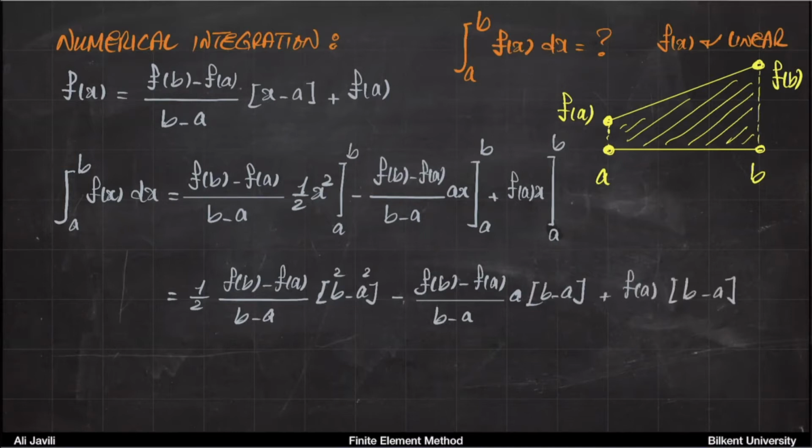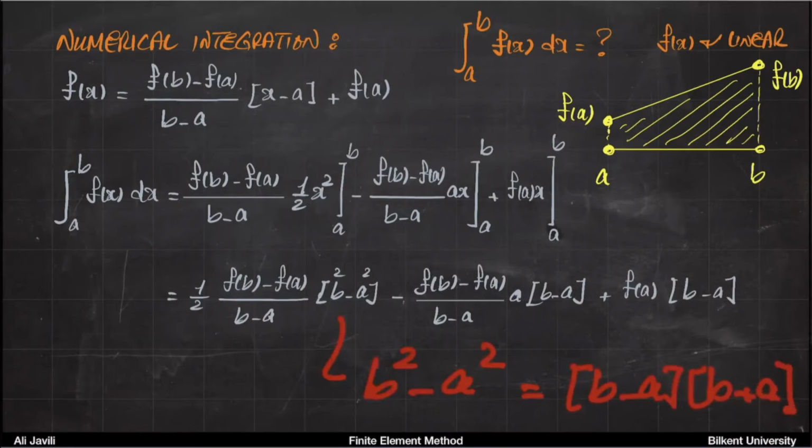Now, if you look at what we have, b squared minus a squared is also b minus a times b plus a. It's that identity you have. So from that, basically, you can cancel the b minus a with this one, and this b minus a with this one.